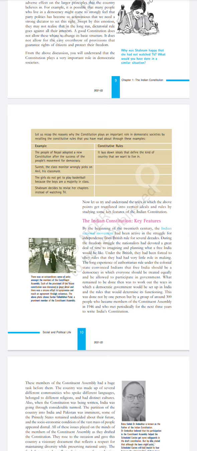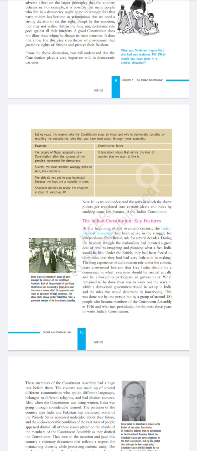Let us recap the reasons why the constitution plays an important role in democratic societies by recalling the constitutive rules that you have read about through these examples. Example: Constitutive rules. The people of Nepal adopted a new constitution after the success of the People's Movement for Democracy.